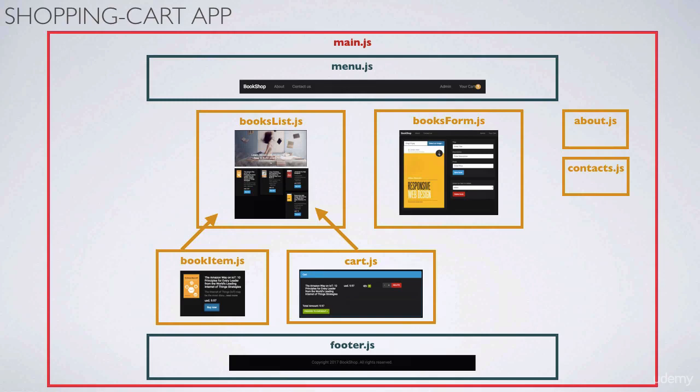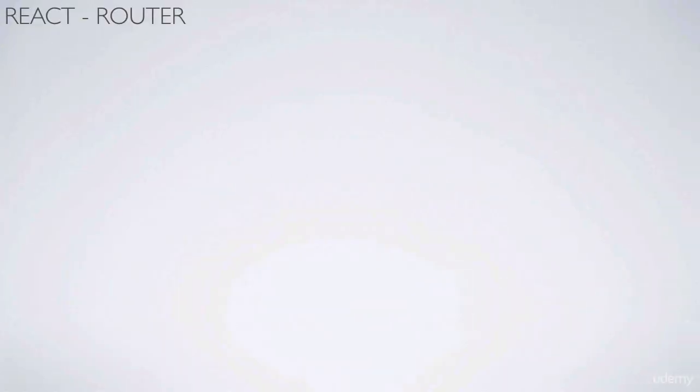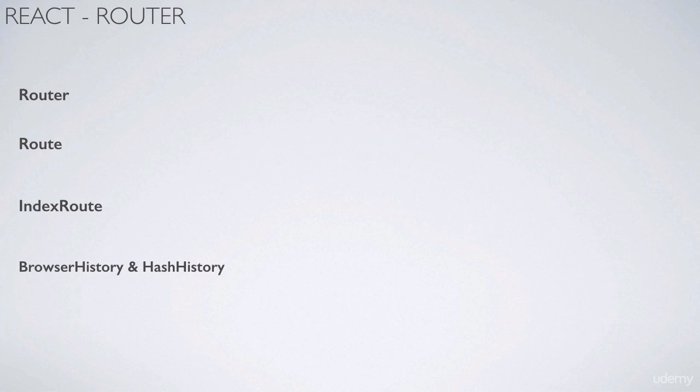The answer is React Router. React Router is a component that allows us to create the navigation structure for our single-page application. The most important methods in React Router are router, route, index route, browser history, and hash history.